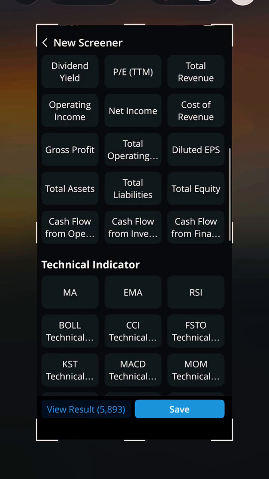Did we go over cost of revenue? Yeah, we did. We're going to go over cash flow from operating, cash flow from investing, and cash flow from financing, right?